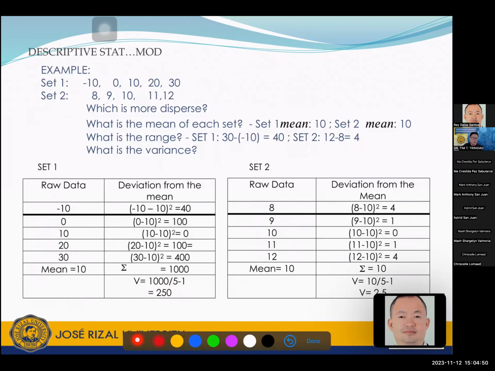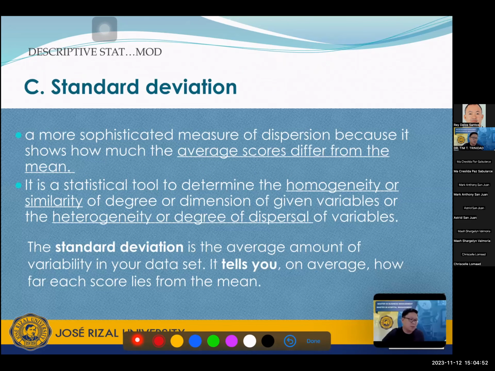If no question, let's proceed to the next measure, which is your standard deviation. Okay, what is a standard deviation? A standard deviation is another measurement or statistical procedure that is very sophisticated because it can measure dispersion. Your variance will only give us the idea how variable or how different you are from the middle.